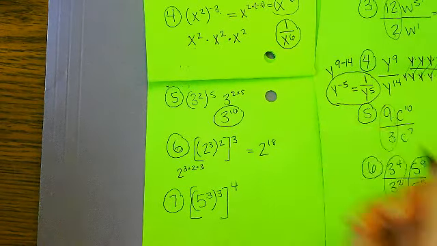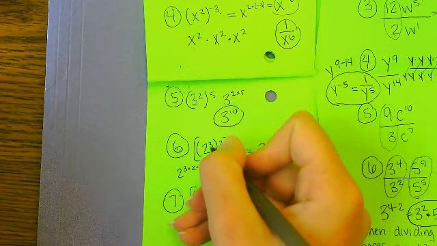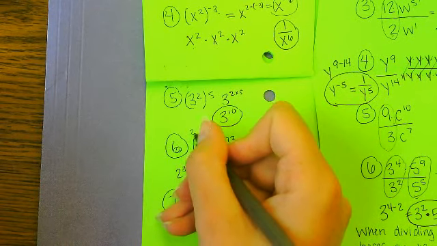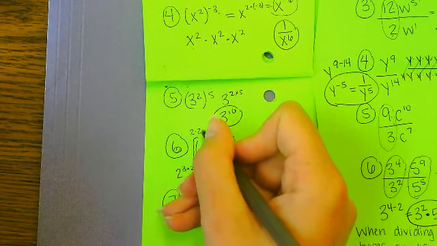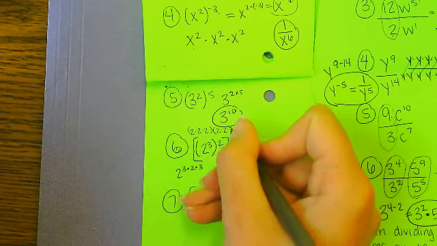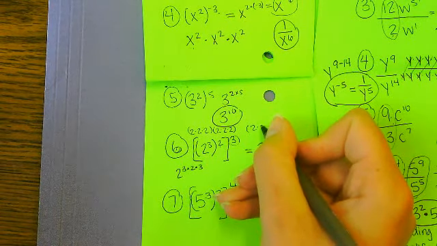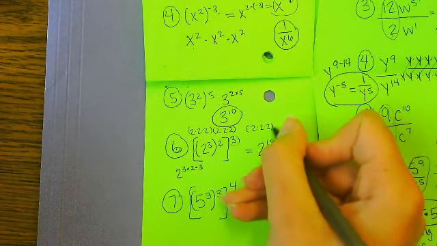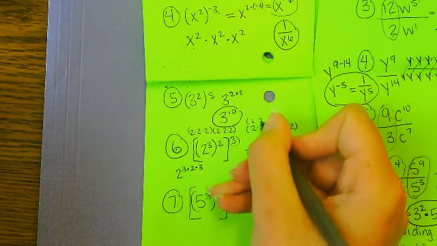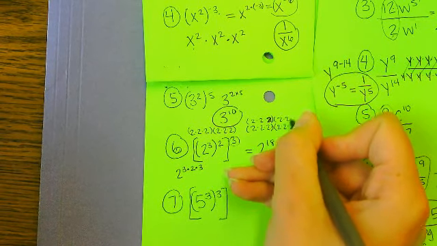If you worked all of this out, you would have, first of all, 2 groups of 2 cubed, 2 groups of 2 cubed. And then you're going to have 3 of those. So that gets repeated 2 more times to have a total of 3 of these.